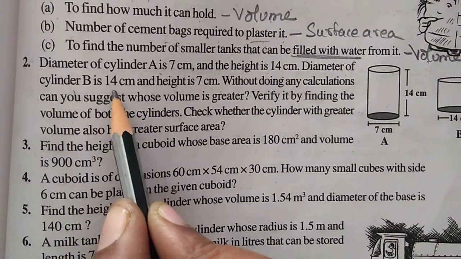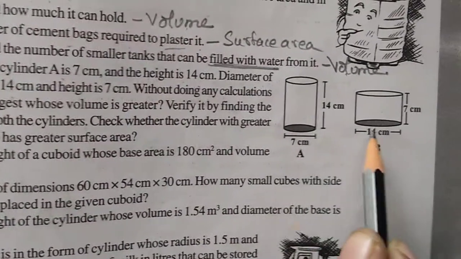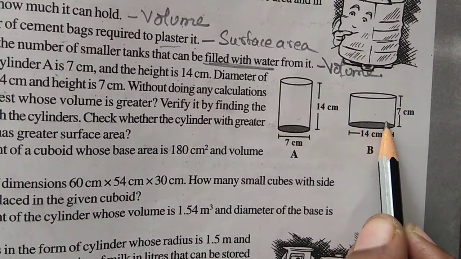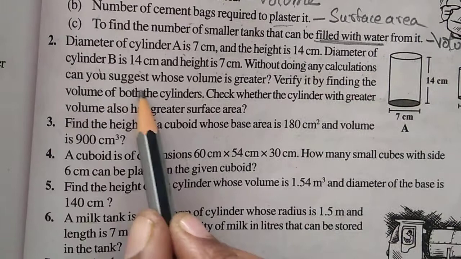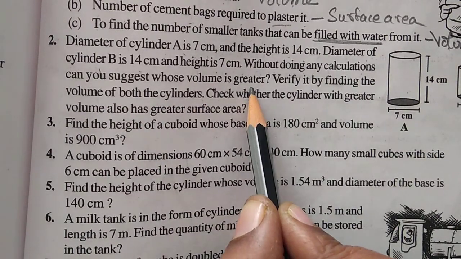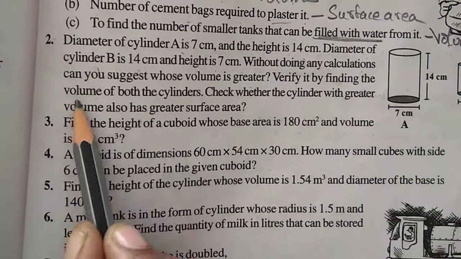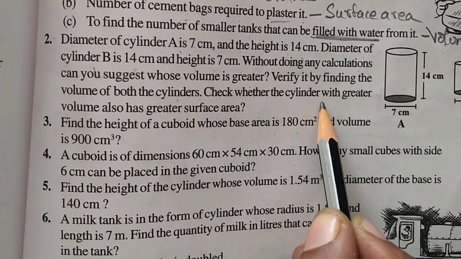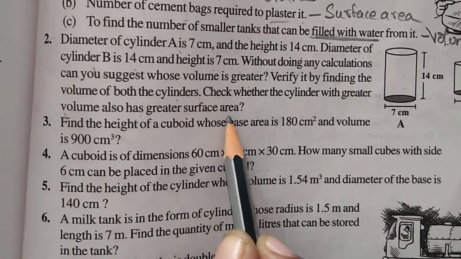Diameter of cylinder B is 14 cm and height is 7 cm. So, you can see the shape. This one is vertical and this is a horizontal cylinder. Without doing any calculation, can you suggest whose volume is greater? Verify it by finding the volume of both the cylinders. Check whether the cylinder with greater volume has greater surface area.